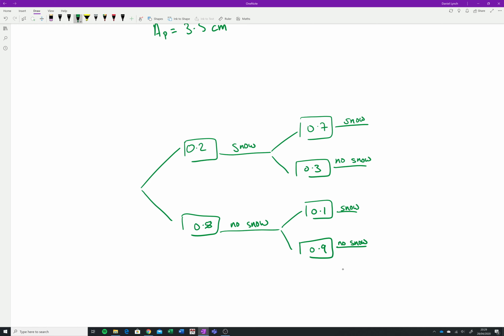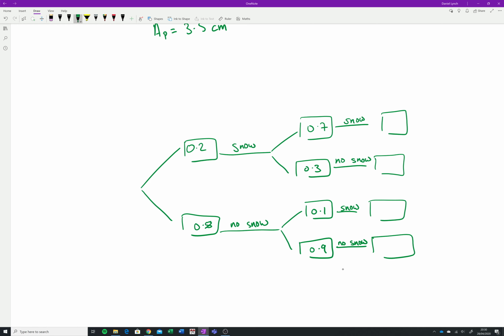What it's asking you is to use the information to fill that in, hence calculate all the possible ones here. So this is the odds that it snows on a particular day and it snows the next day. If you need to do one thing and the other, remember what you do with the probabilities. You multiply.